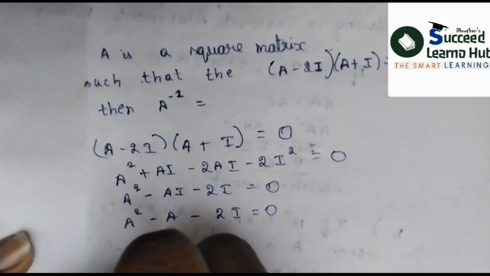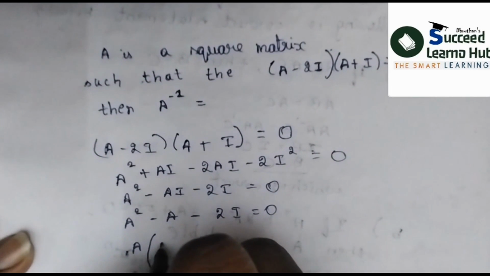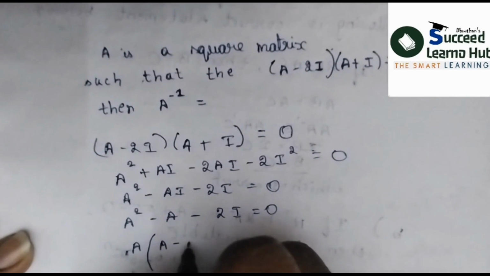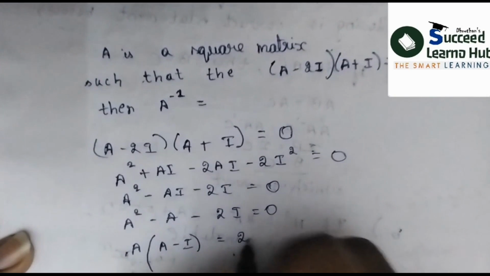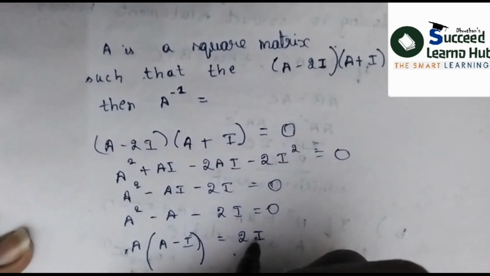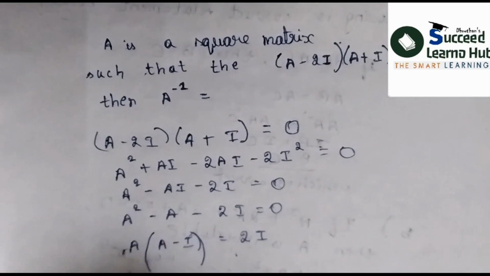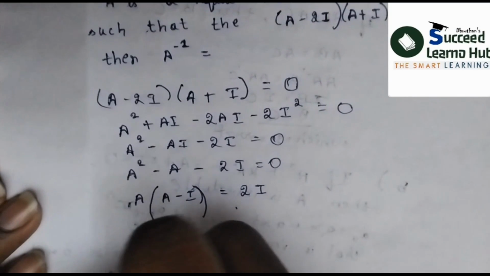Here, if we take A as common, then A into (A minus I) is equal to 2I. Minus I becomes plus I. Now, the 2 comes to the denominator.